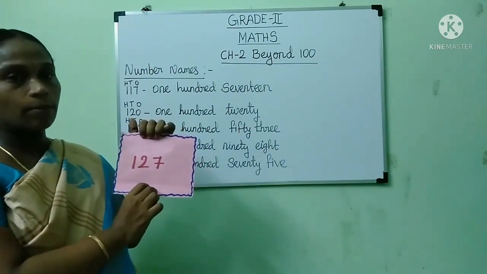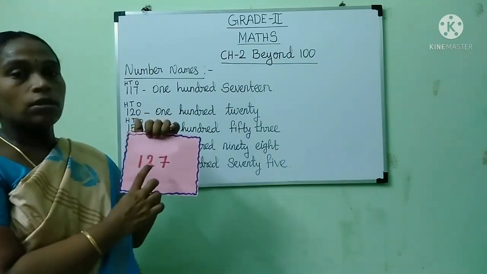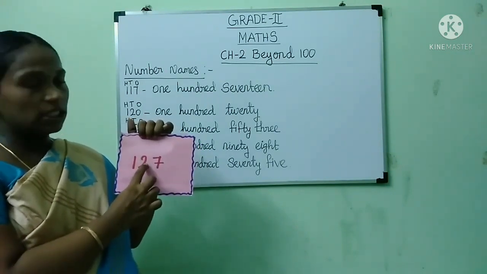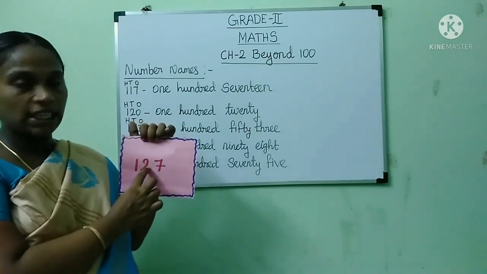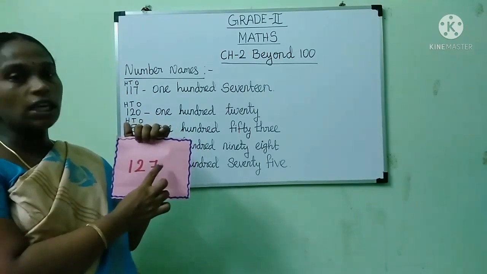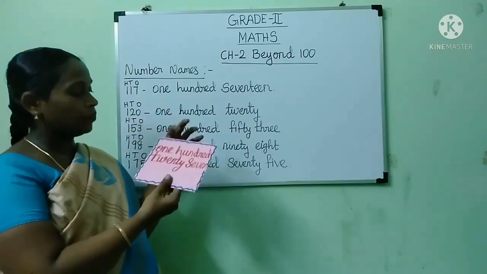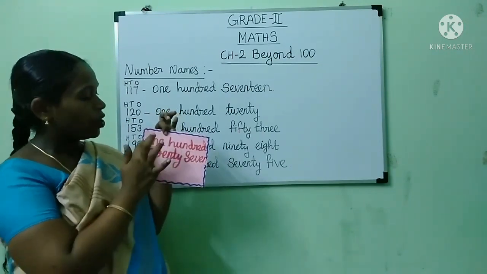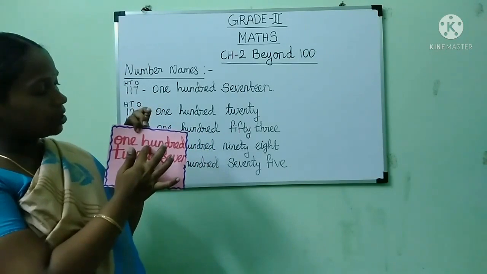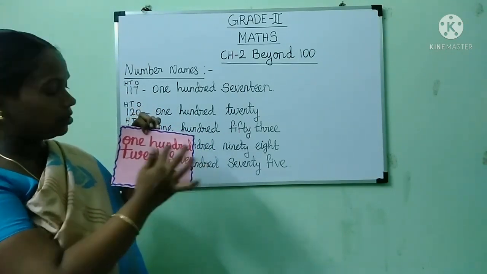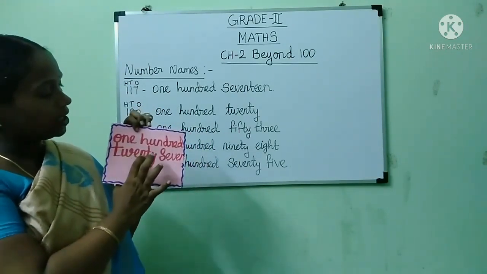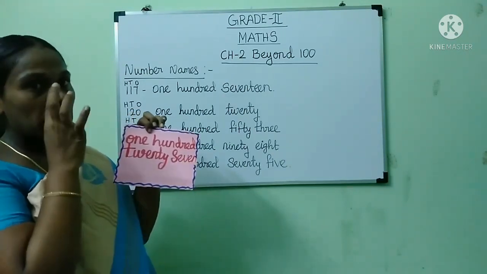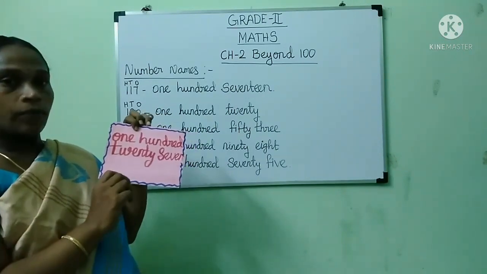So how to write this number name? ONE 100, HUNDRED, 20, TWENTY, 7, SEVEN. Are you clear, children? Okay.